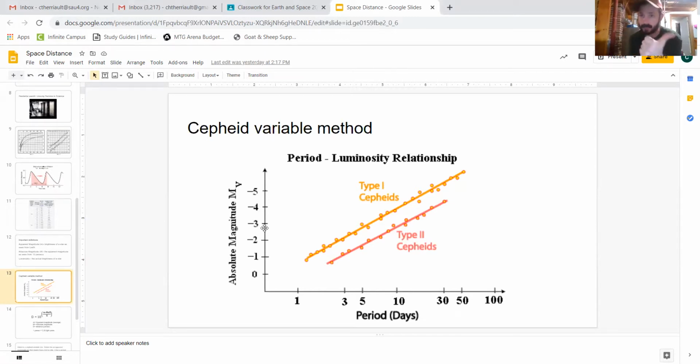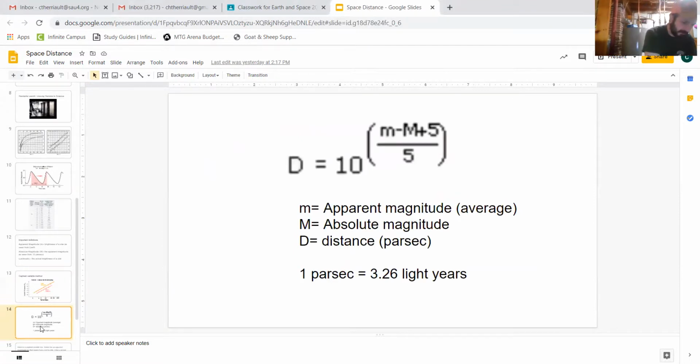So I know the apparent magnitude, I know the period, and I know the absolute magnitude. That's enough to now perform my calculation. So I use this distance equation for distance. And I'll go through that calculation.